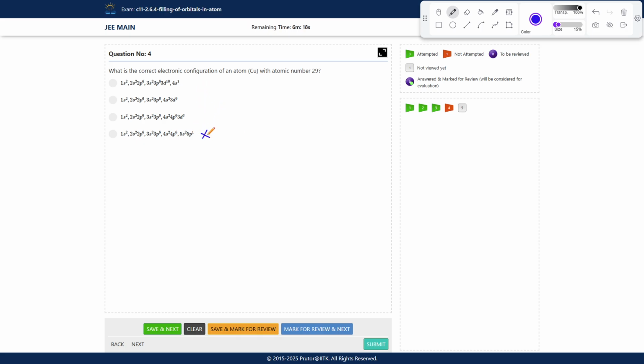So this is clearly incorrect because iron falls in which period? What is the period number of iron? It is falling in the 3d transition series, right? So that means 4th period. So this is not possible. This is also not possible. So your correct answer will be option A.